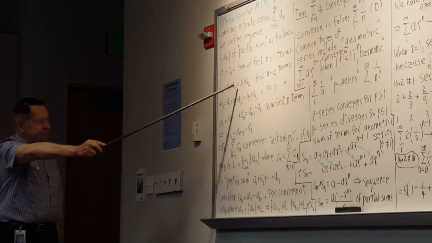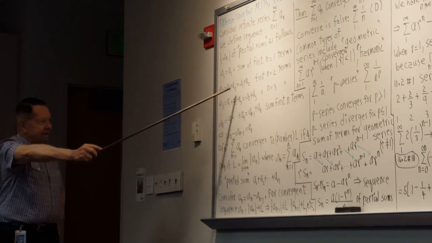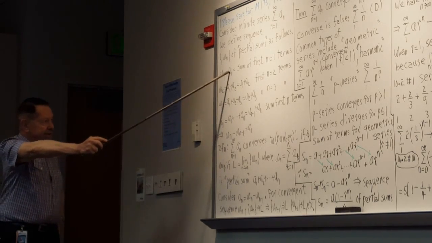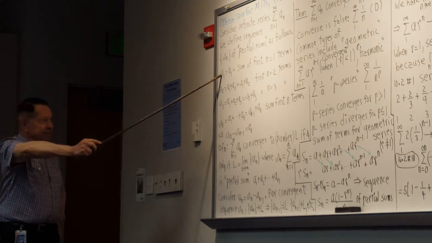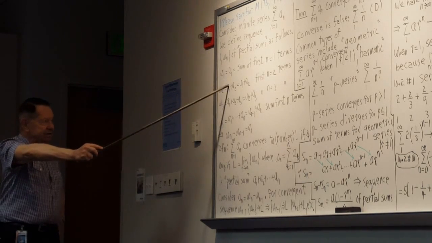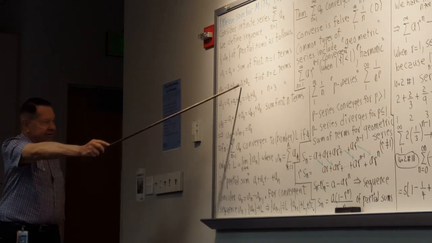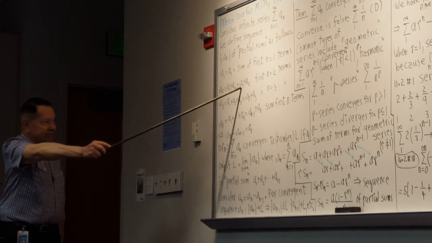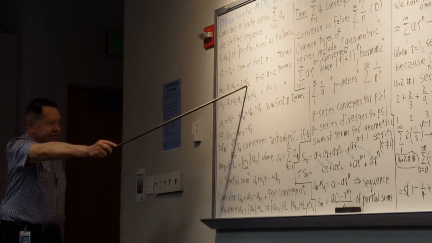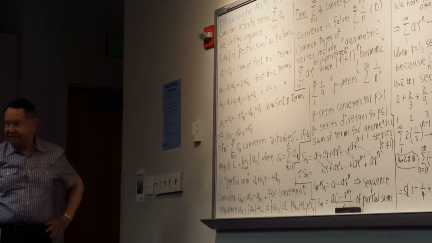Notice that the A1 is the same as the first partial sum, first term in the sequence, so the second term in the sequence is also the first term of the sequence plus the second term of the series.